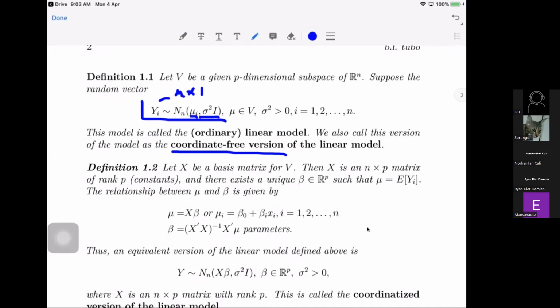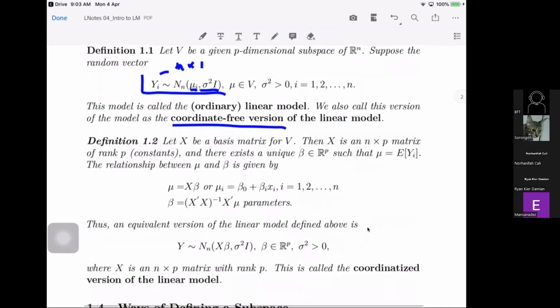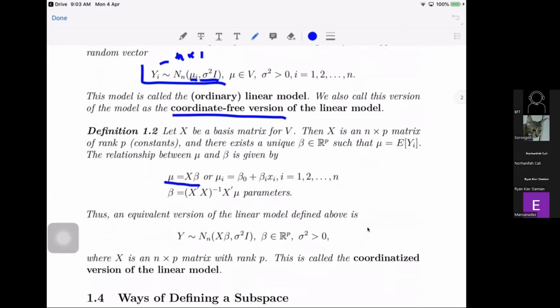And we can always transform this into a coordinatized version wherein our mu will be equal to a matrix X, which is a basis matrix for your subspace V. And then beta will be a unique p by 1 vector such that your mu, which is equal to the expectation of y, will be equal to x beta.